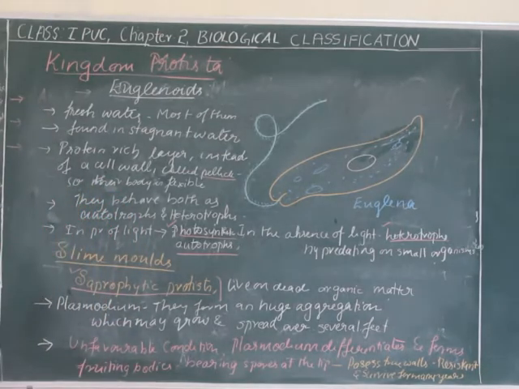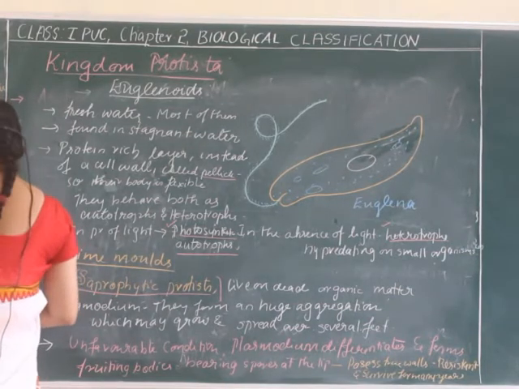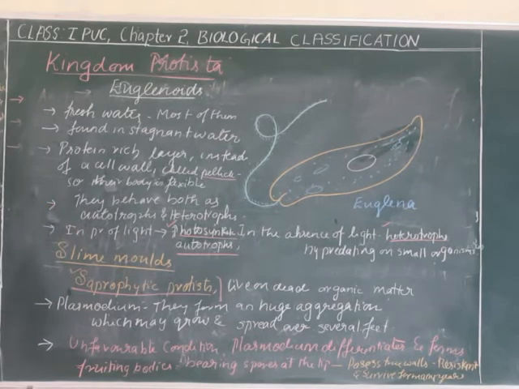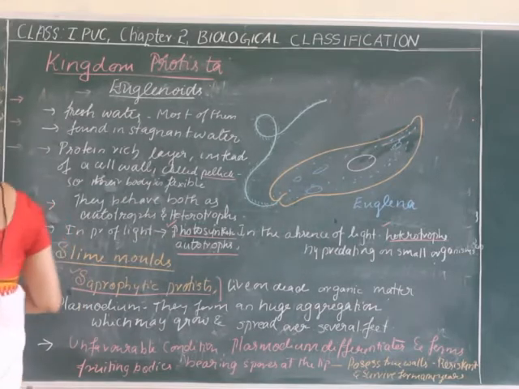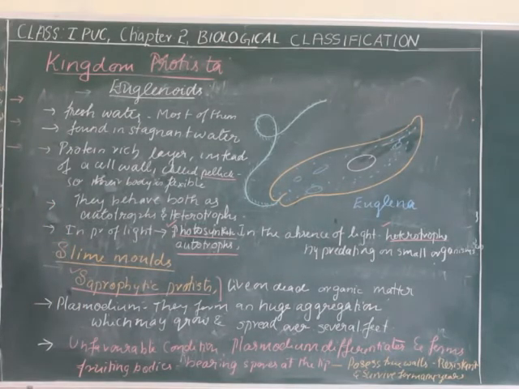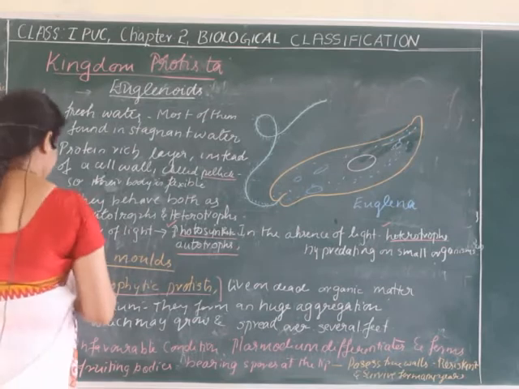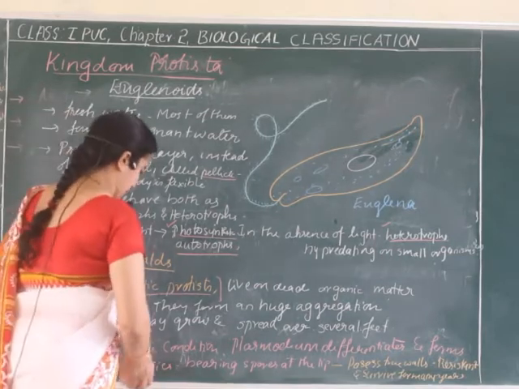We require a diagram for this, so we will draw the diagram. First, this slime mold, once it gets matured, starts to produce this mass aggregate of plasmodium.